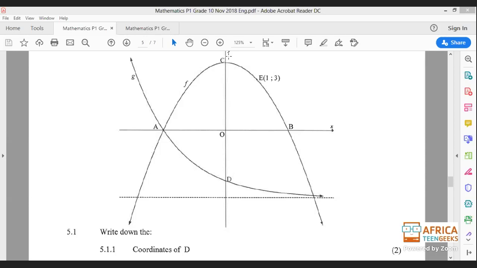Very, very good. So I hope you all hear that. Or what you can do, remember guys, you can also use the distance formula, because the coordinates of C are (0, 4) and the coordinates of D are (0, -3).